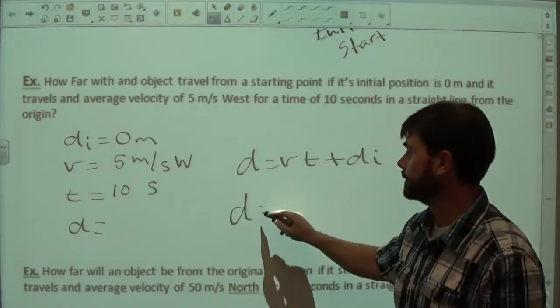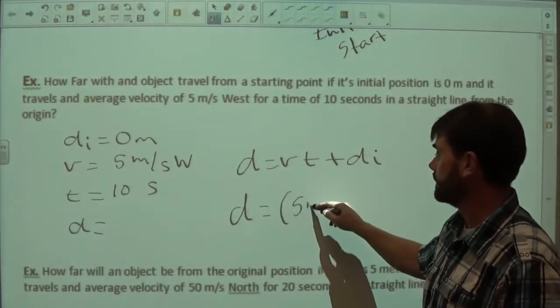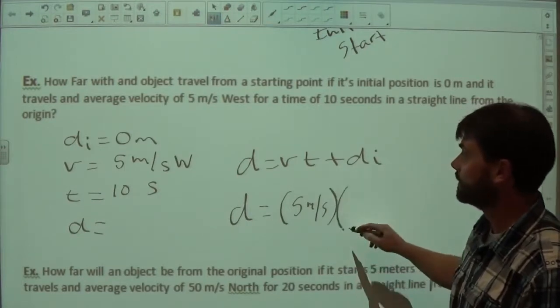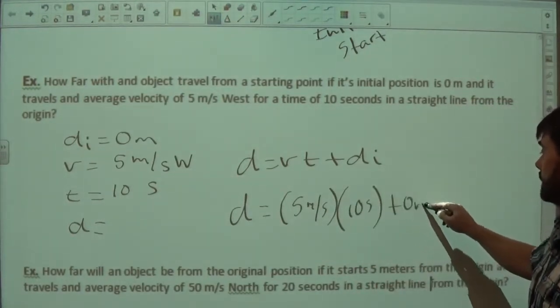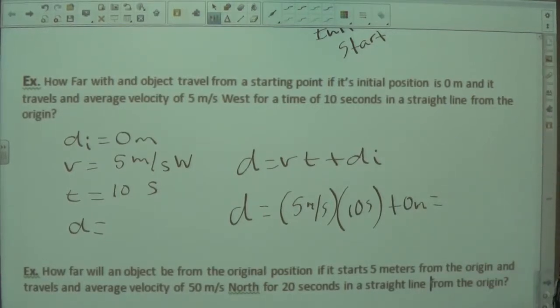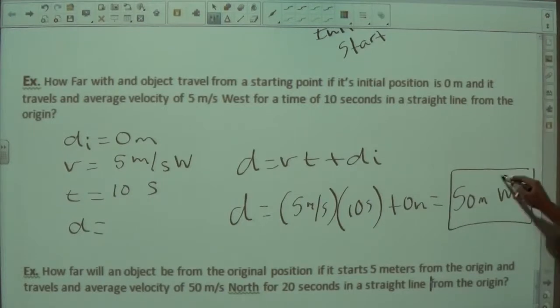So if we want to figure out the total distance traveled, we'll take the velocity, 5 meters per second, multiply it by the time, 10 seconds, and add the initial distance, which is 0 meters. So 5 times 10 gives me 50 meters west of wherever our start point was.